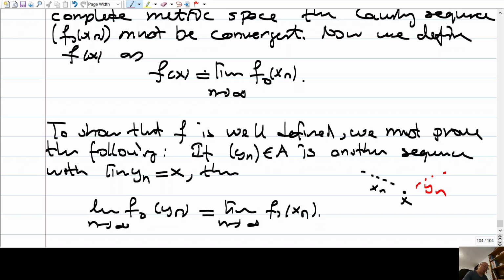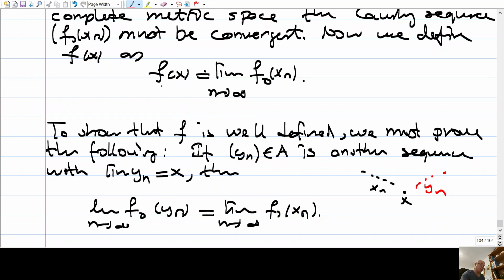So next time I'll prove this fact, and then as you see, we are not done yet, right? We have to do a lot of things. I claim that f is uniformly continuous, so we have to show that. Also, we have to show that such a function is unique.